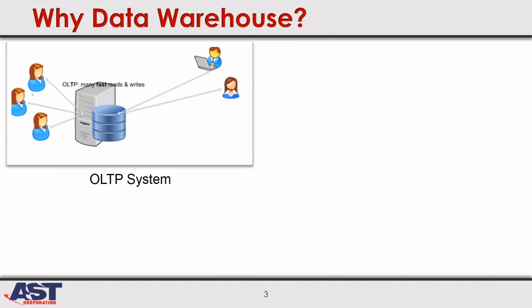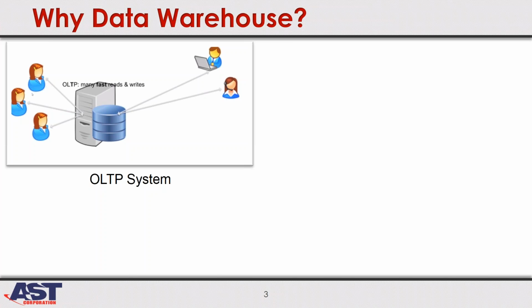They will be running huge queries to pull the data from the database and make some analysis or reports out of it. When both users are doing it simultaneously, the load on the database will be very high, and they cannot make fast reads and writes because there are huge queries going on at the same time.